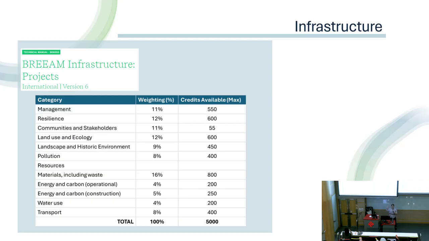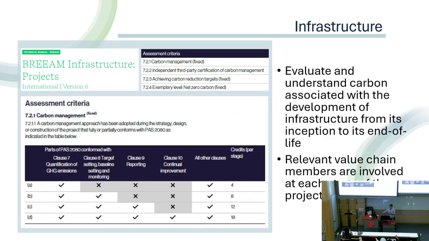So for infrastructure right now, we're most of the time using BREEAM Infrastructure projects. But this one is more international, and a lot of the criteria are quite UK-based. From a carbon point of view, it looks at how carbon is associated with the infrastructure from its inception to the end of life. So with the different criteria here, for example, the table down below, it's more of how much credit is assigned to how well we're doing in terms of how we manage our carbon.